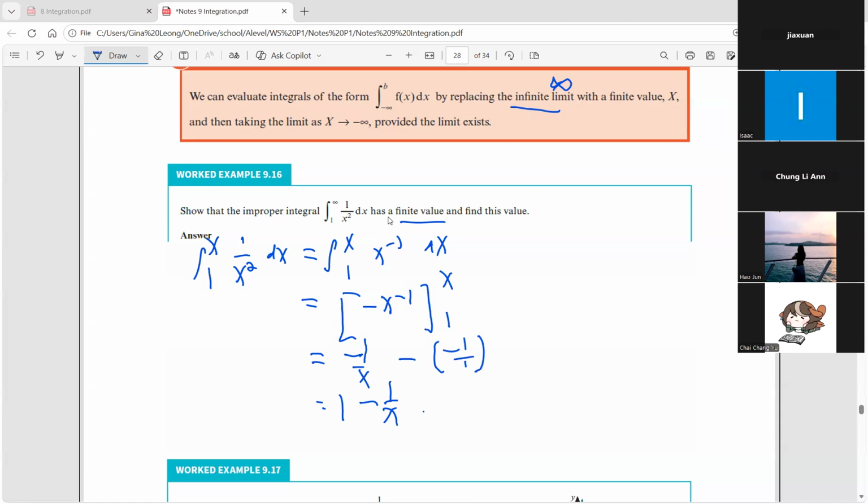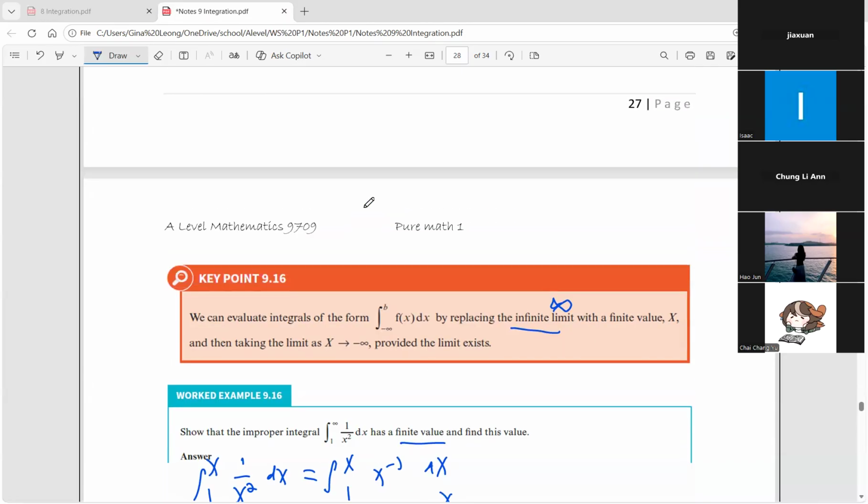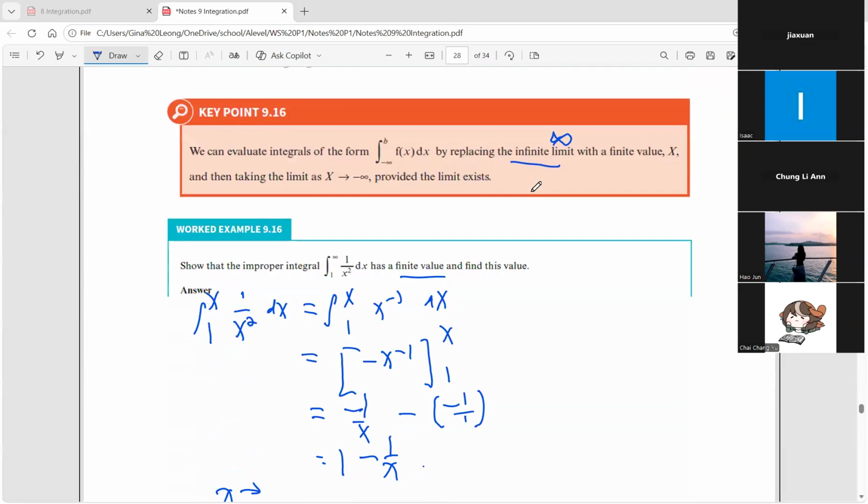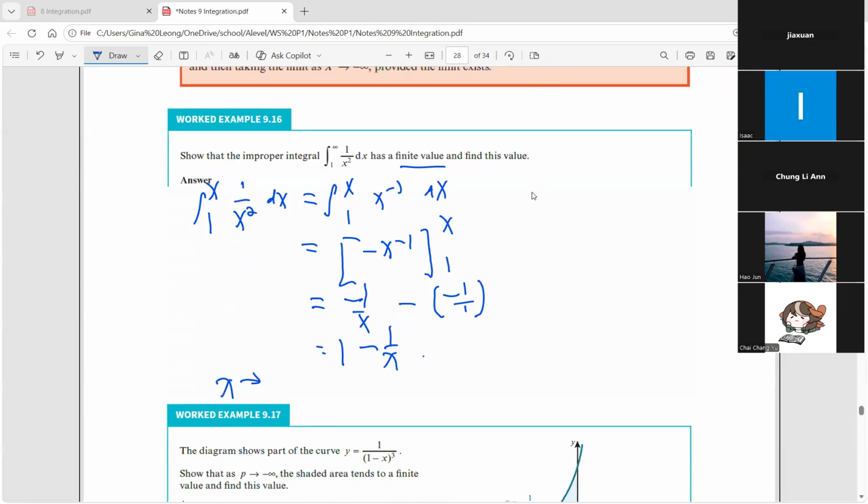It will have a finite value when my x is infinity. I go down, my x now is infinity. When the x is infinity, 1 over infinity, you will get 0.